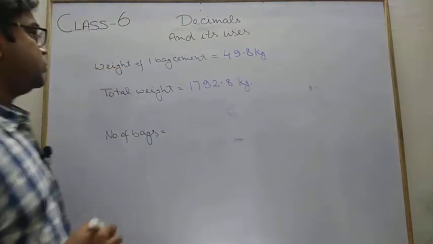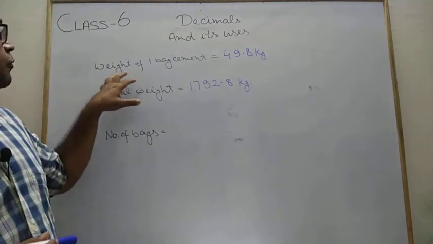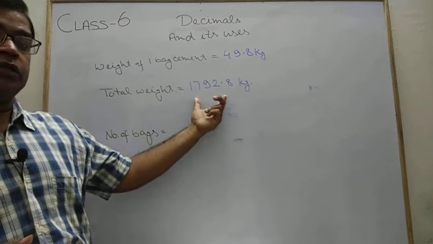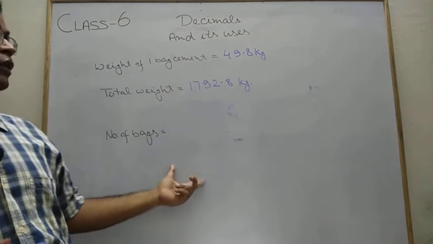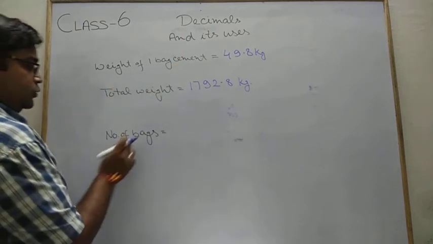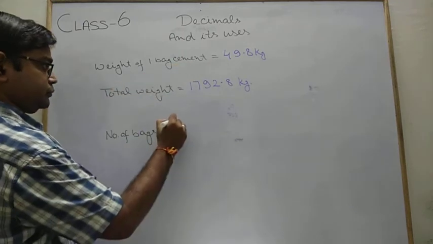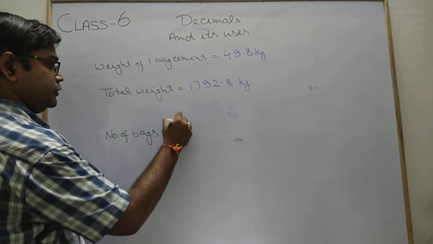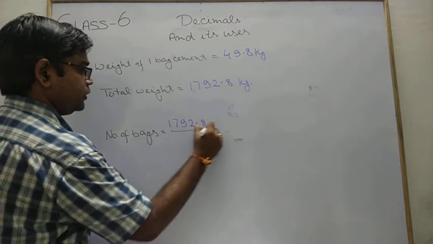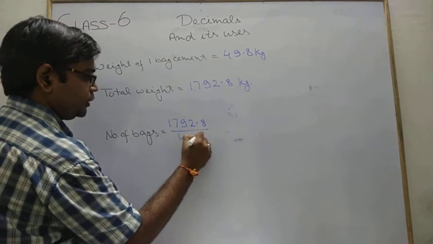Question asked to you, if weight of one bag is given and total weight of cement is given, find the number of bags. How do we find? We divide total weight by one bag. So therefore number of bags equals 1792.8 total weight divided by 49.8.